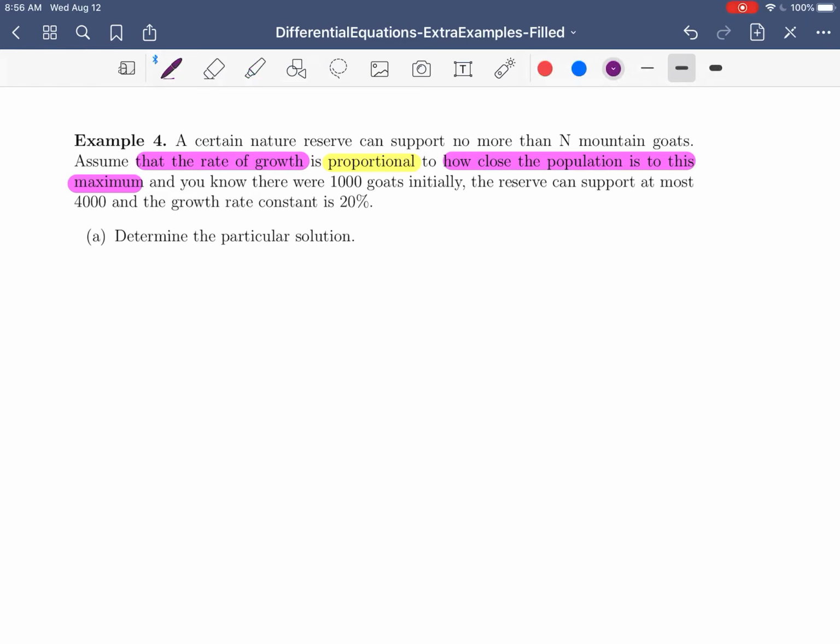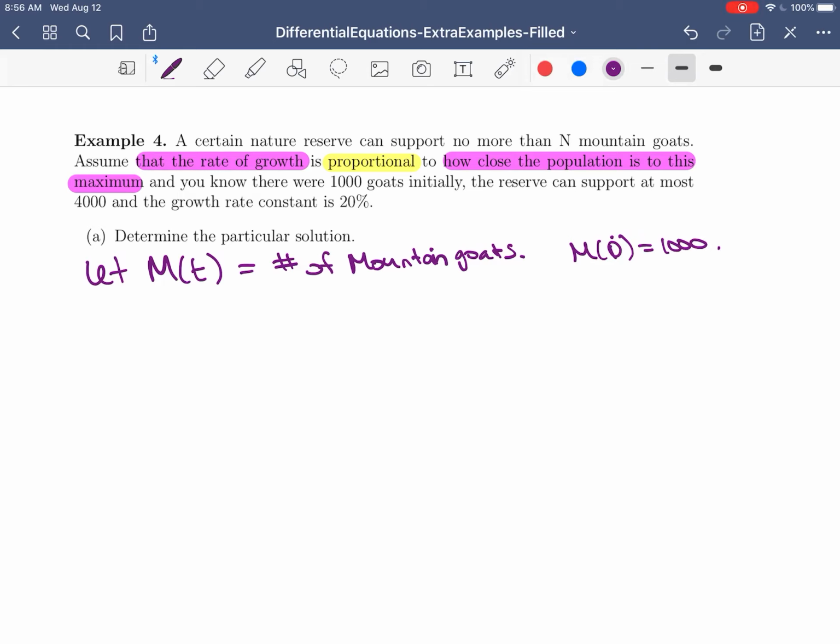Okay, so I'm going to let, maybe I'll let N of t be the number of, I don't want to use N, sorry. Let's call it m of t, the number of mountain goats. Okay, and then this initial condition that there were 1,000 goats initially, so we know m of 0 is 1,000.